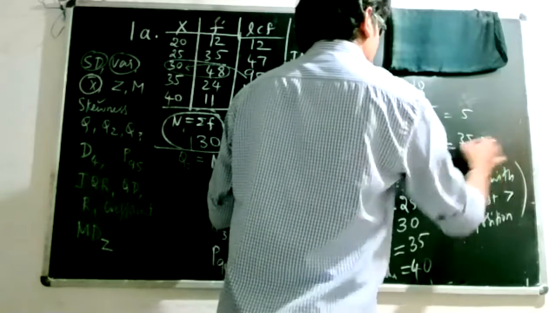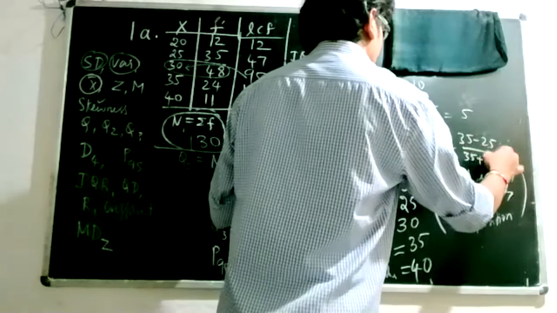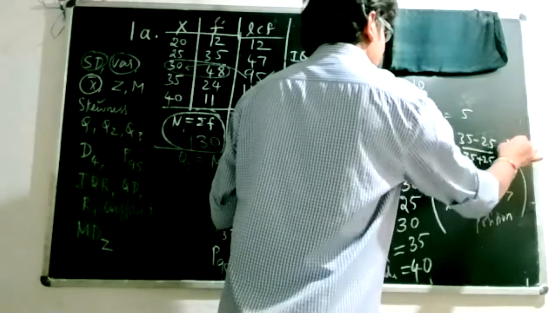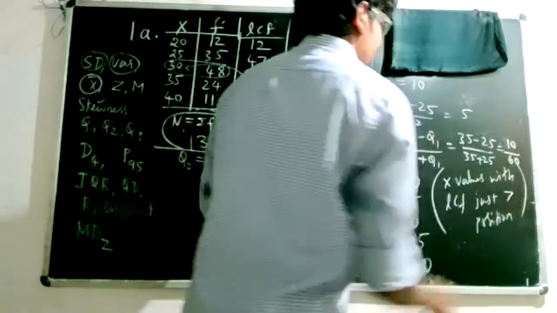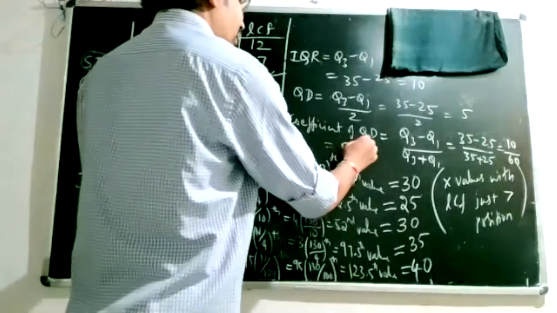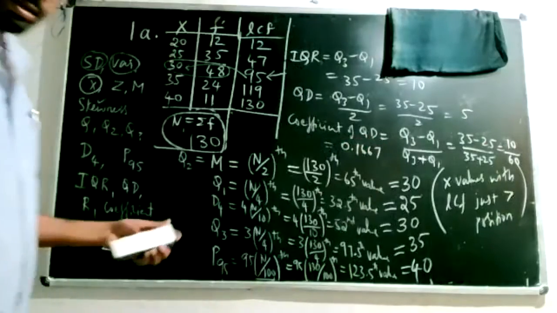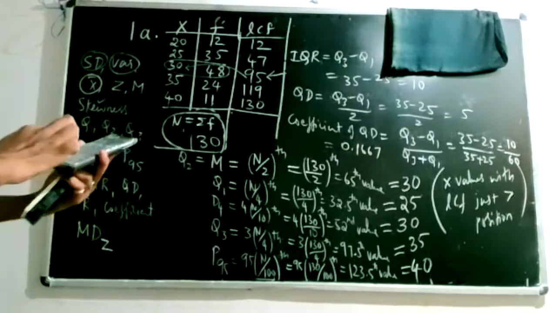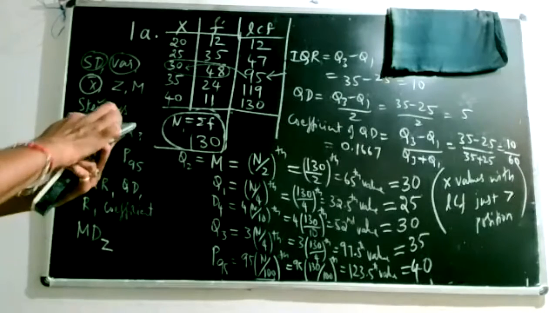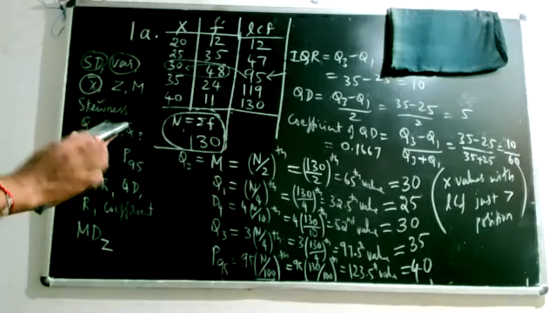So 35 minus 25 by 35 plus 25, which comes to 10 divided by 60, which is 0.1667.